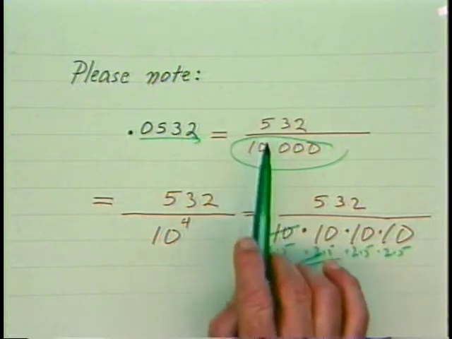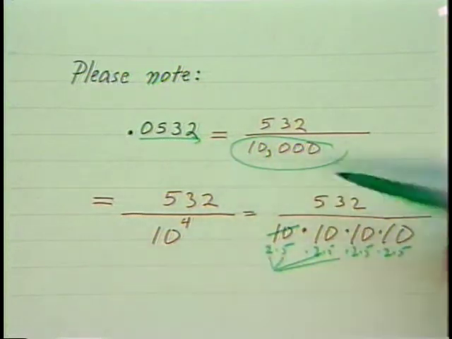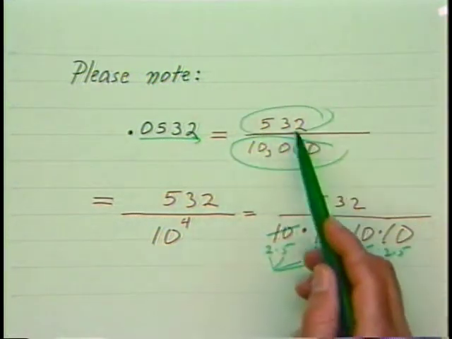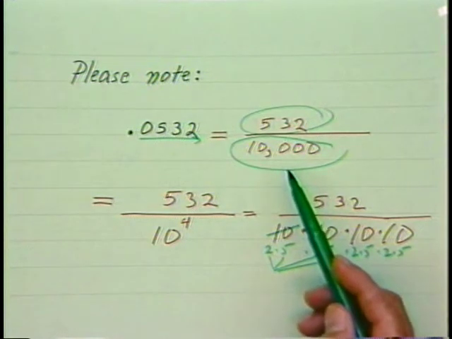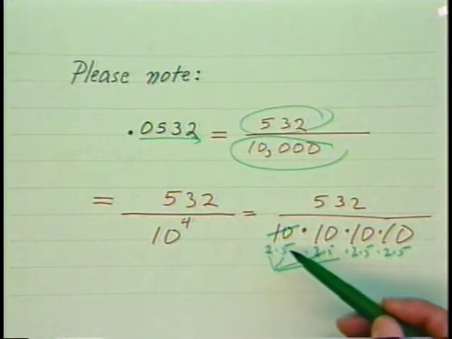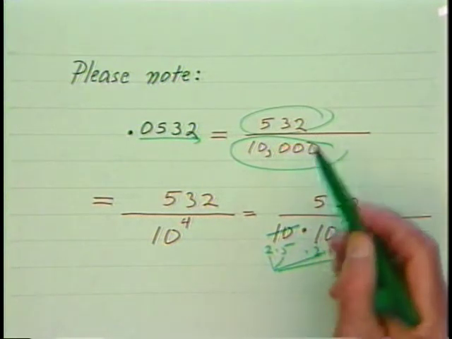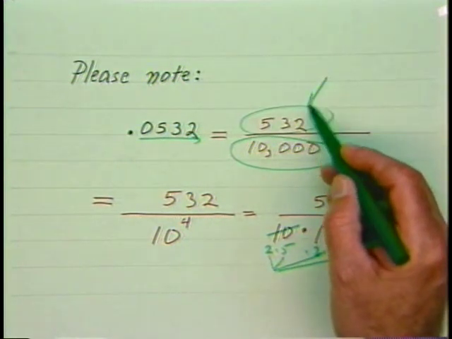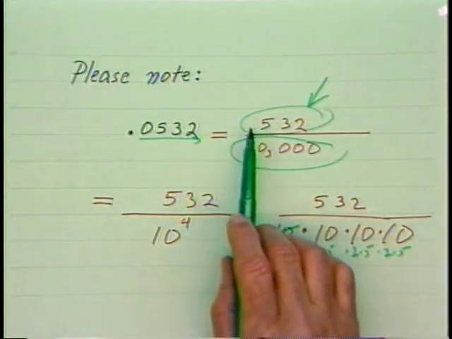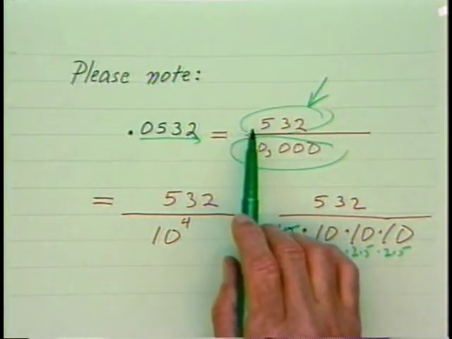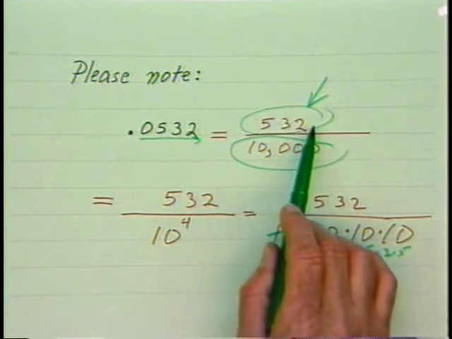Well, to reduce a fraction, we want to divide both top and bottom by the same numbers. And since 2 and 5 are the only ones that will divide the bottom, they're the only ones we worry about in the top. It might be that 7 or 11 or 3 or lots of numbers will divide this.